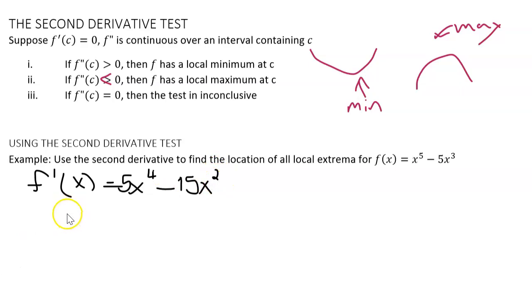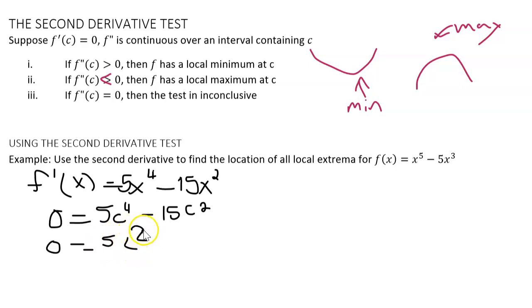Find a value c such that the derivative is equal to 0. And so if I factor this, I'm getting 0 is equal to 5c squared times c squared minus 3. And I've got options at 0 and then at plus or minus the square root of 3.